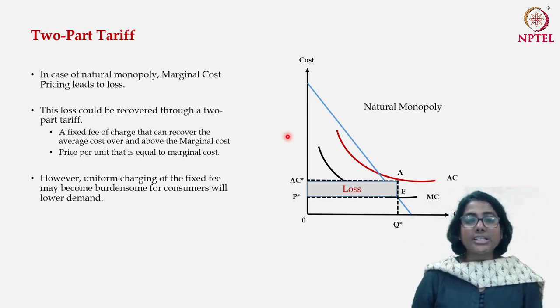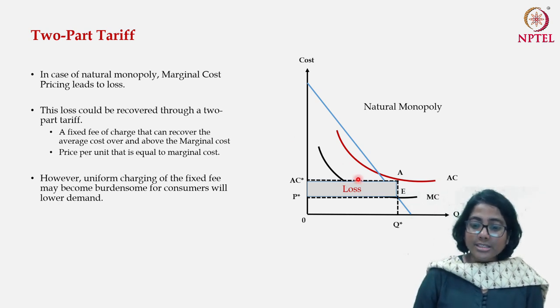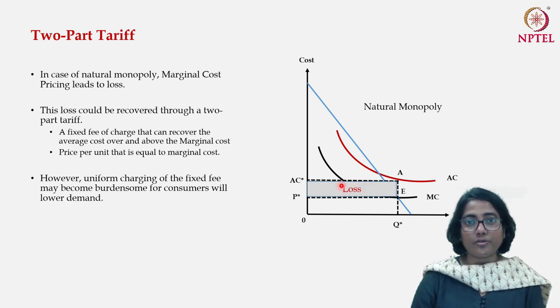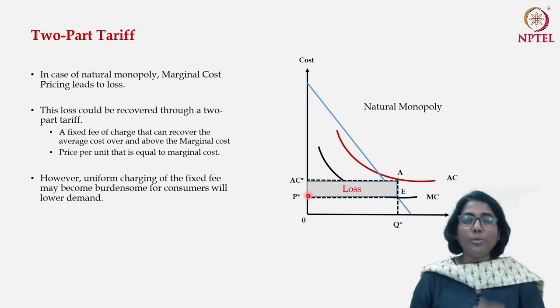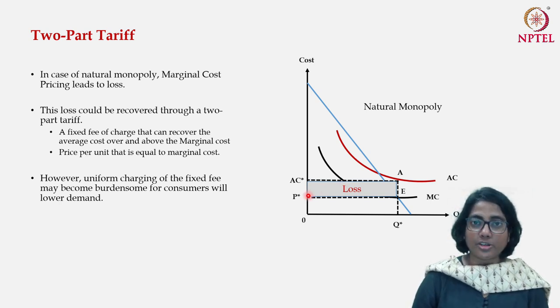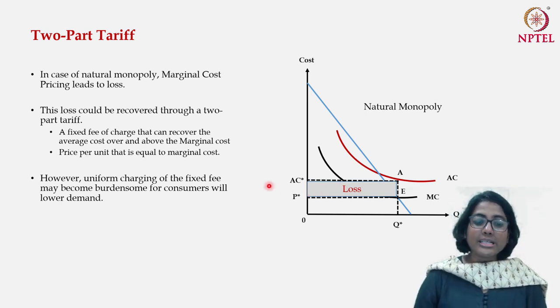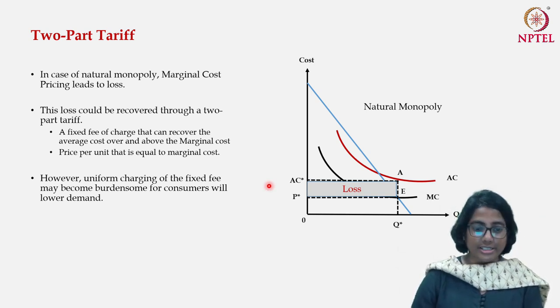However, the question that remains is, okay, we understand that there is a loss here, but how are you going to distribute the burden of this loss to the consumer? Are you going to charge everybody the same amount of money as some additional amount added to P-star, or are you going to distribute in a different manner? So this is a very major question in case of burden sharing.